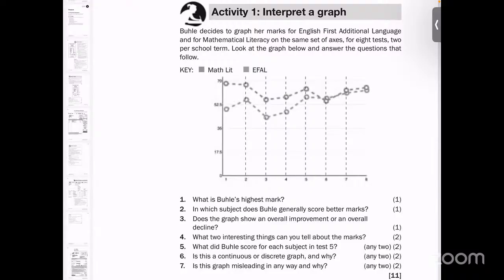Let's see. I just need to quickly check my calculator in case there might be a need to use it. So as a mathematician, honorable member, just make sure that at all times when you are dealing with mathematics, you always have your calculator ready, because without your calculator ready, you might be missing some of the simple marks.